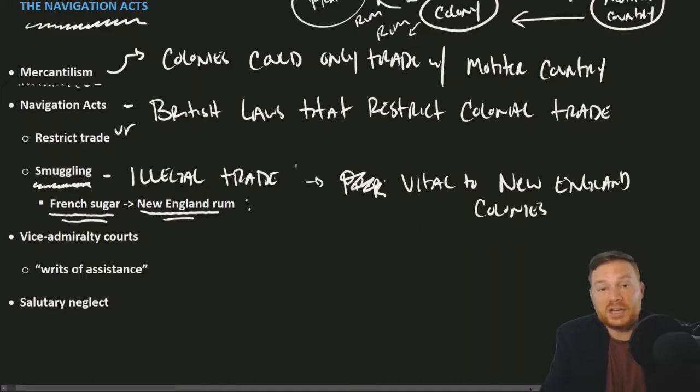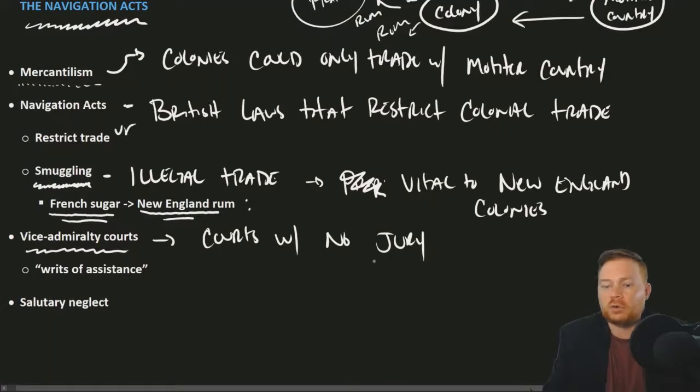The Navigation Acts and other trade restrictions also set up vice admiralty courts. These were courts with no jury. So if you were accused of smuggling, you didn't get, in the eyes of the colonists, what was seen as a fair trial. Customs agents were given writs of assistance.